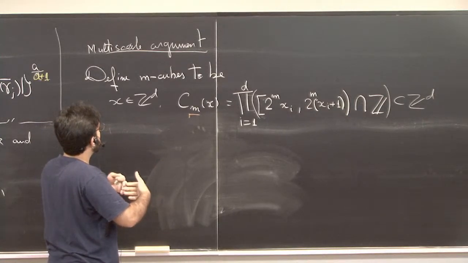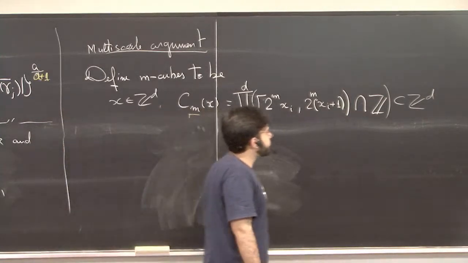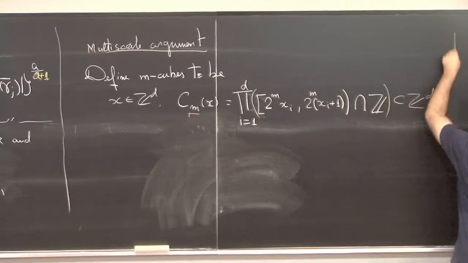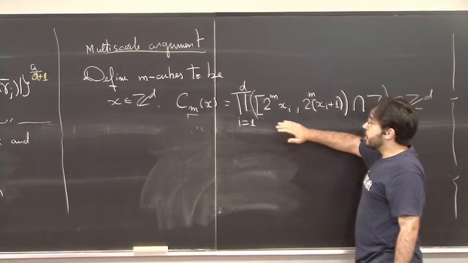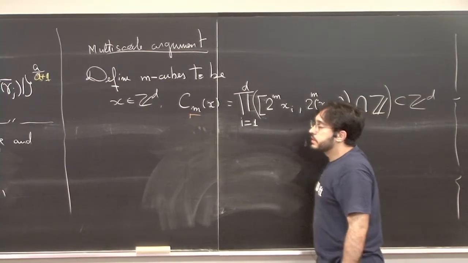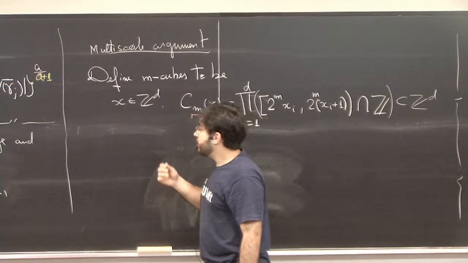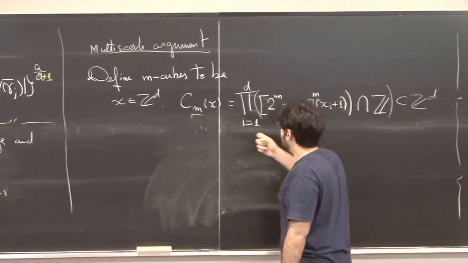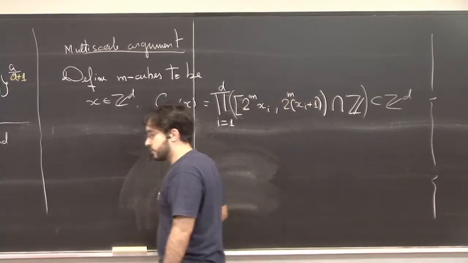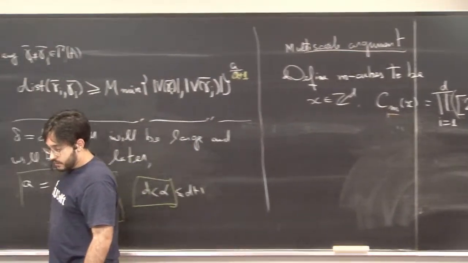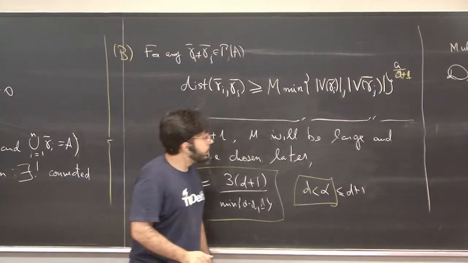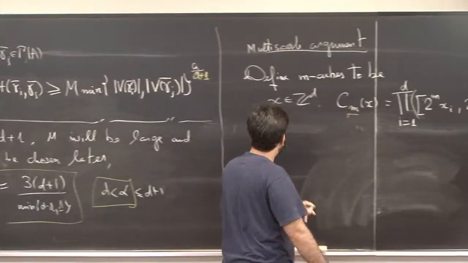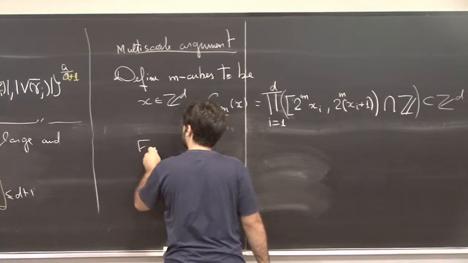So what we do to construct the contours using these cubes is that we must look at what happens to the incorrect points of a configuration at each one of these scales. And how do we do this? What we do is the following.